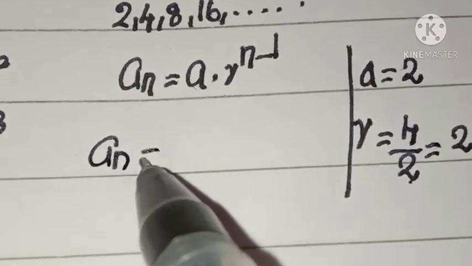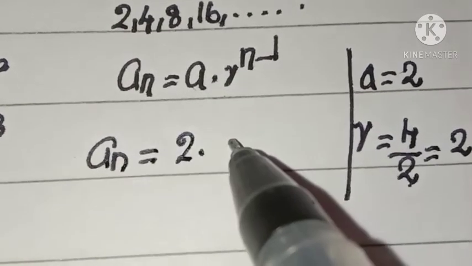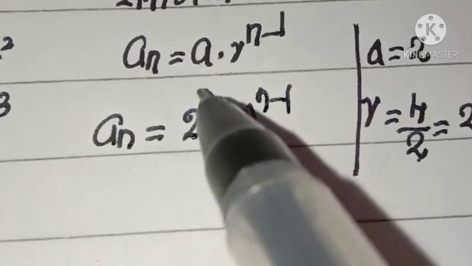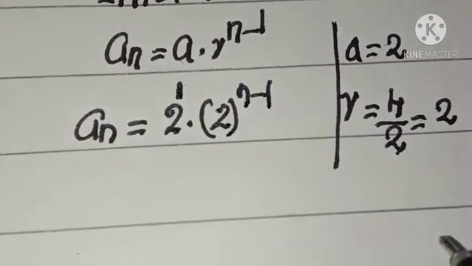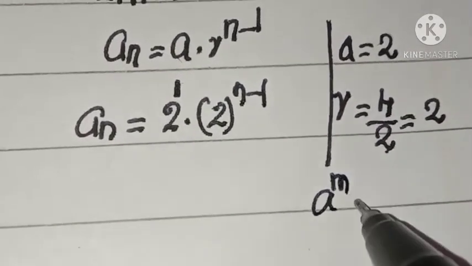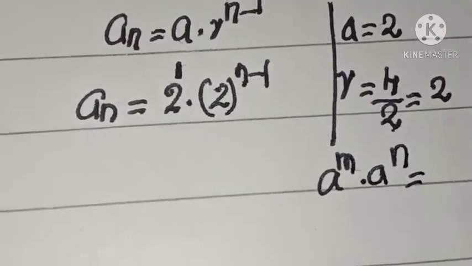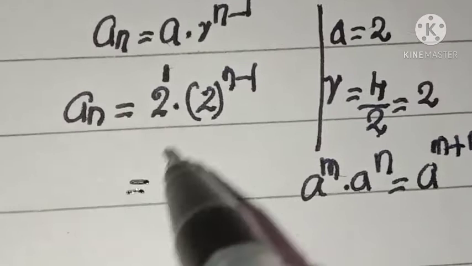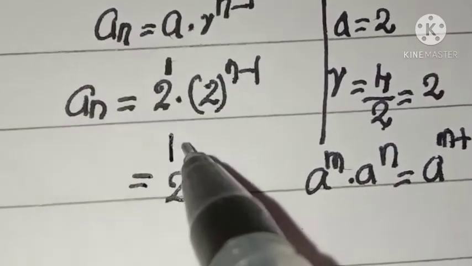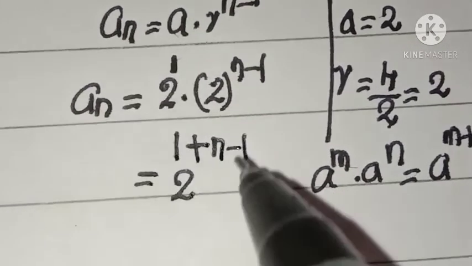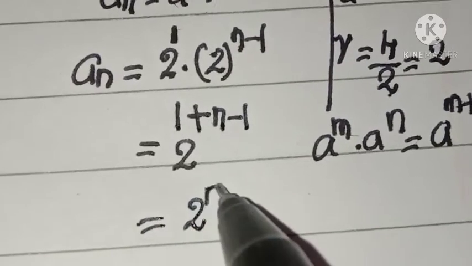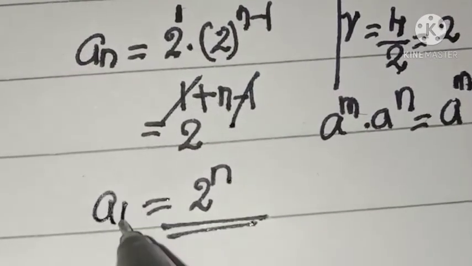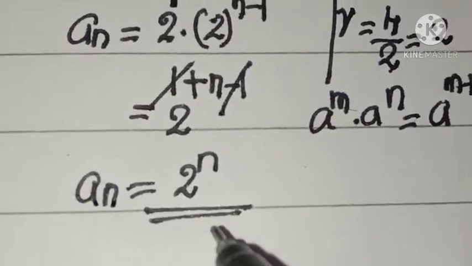So the nth term is equal to 2 into 2 raised to n minus 1. Now 2 means 2 raised to 1. So apply the law of indices: A raised to m into A raised to n is equal to A raised to m plus n. So this becomes 2 raised to 1 plus n minus 1. Here we can cancel 1 and minus 1. So the nth term is equal to 2 raised to n.